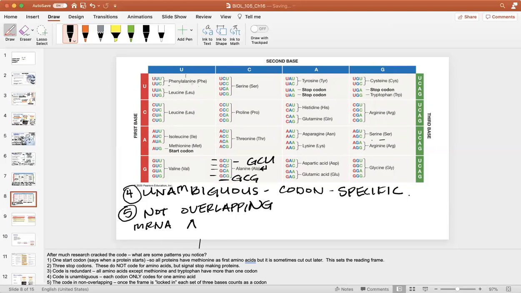And so I'm going to start out with the start codon, and then let's do GCU, GAU, GGU, GA. So if we look up these codons, AUG codes for methionine, which is our start codon. So I'm going to put MET.